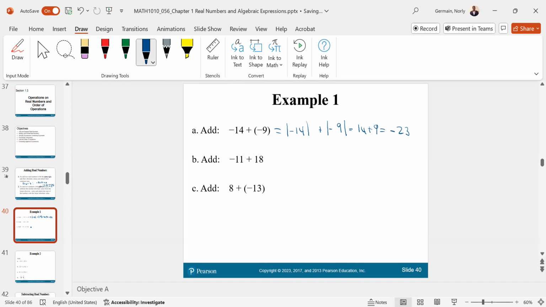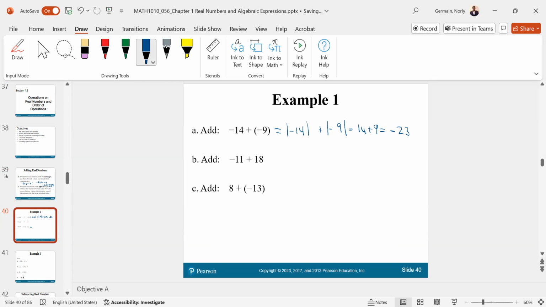Now for the next one, the absolute value of negative 11 is 11, and the absolute value of 18 is positive 18.